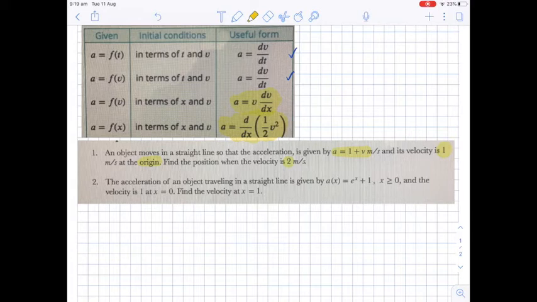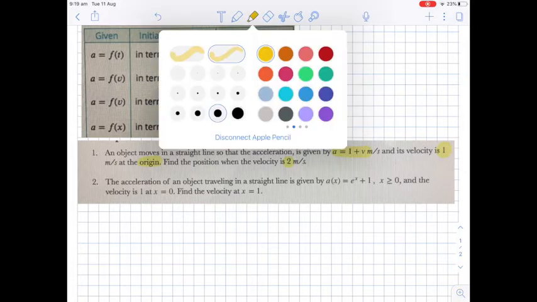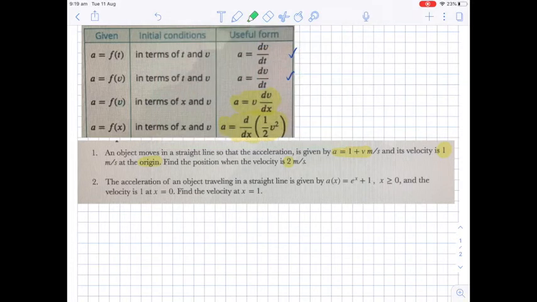All right, so what it is telling me is that I have an equation that is in terms of v, and my initial conditions are in terms of x and v. So let's start listing some of the information that we have. For example 1, my equation is a equals 1 plus v.